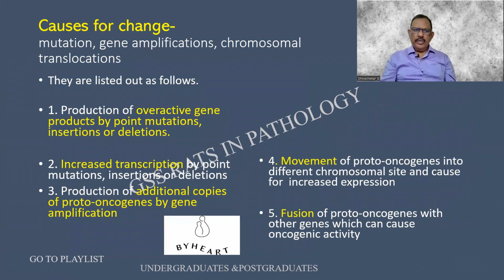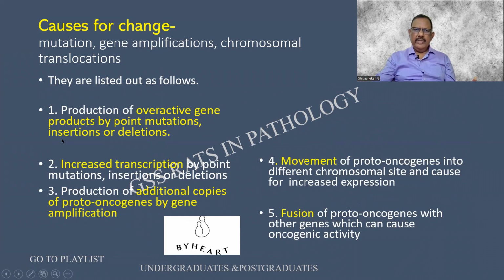Now, what are the causes for the change? There are many things such as mutation, gene amplification, and chromosomal translocations. I would like you to kindly learn this particular table by heart also. There is a production of overactive gene products by point mutations.